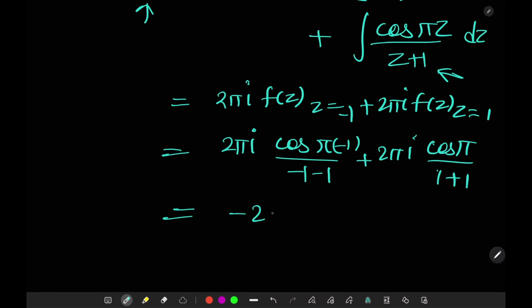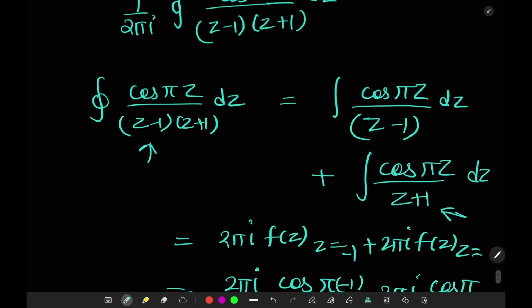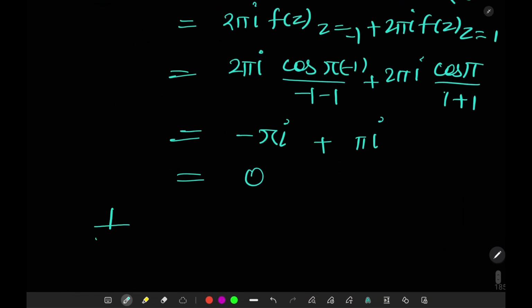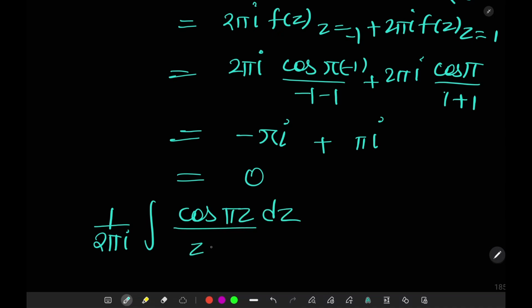Here this becomes minus pi i, as cos pi is minus 1, plus 2 pi i, and cos pi is also minus 1, so this equals 0. So this integral becomes 0. The integral of cos pi z dz divided by z squared minus 1 equals 0.